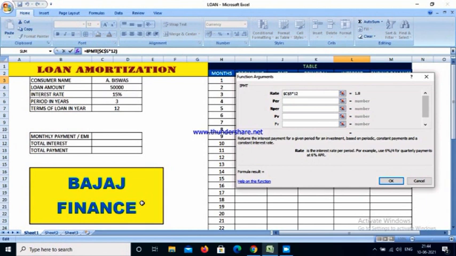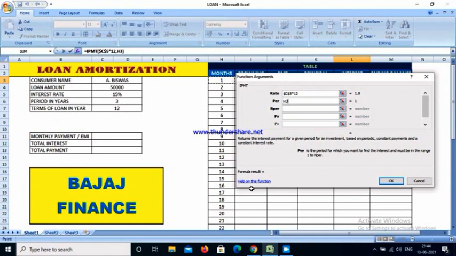Divide by 12. Come to the next row. Per. Always you can choose month number 1 and no need to fix this cell, students. Already I have said as long as you go, your month number will be increased. Your term will be changed. According to the month, your principal amount, your interest amount, and your closing amount and opening amount will be changed.